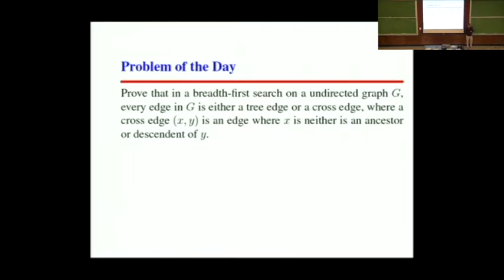Are there any other types of edges we should be aware of? Okay, so you should keep your eyes out for tree edges, back edges, which are edges that go from a descendant to an ancestor, forward edges, which go from an elder to a descendant, and cross edges are generally speaking the rest of them.